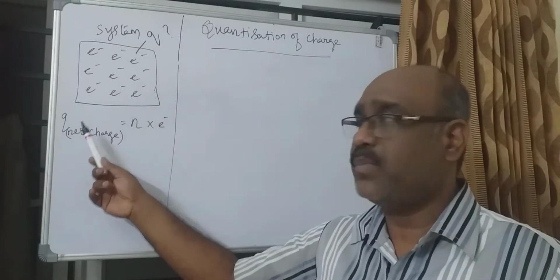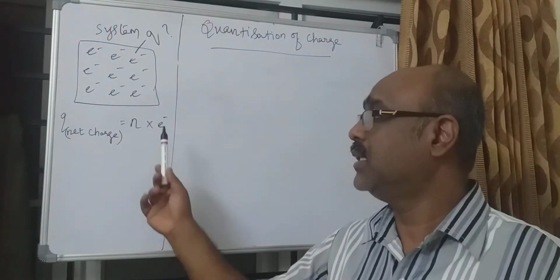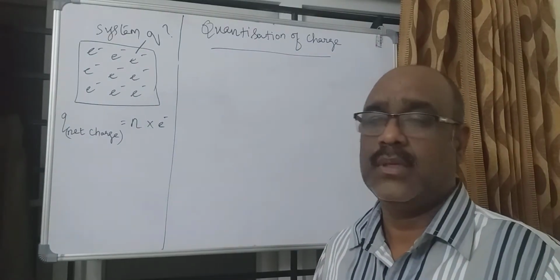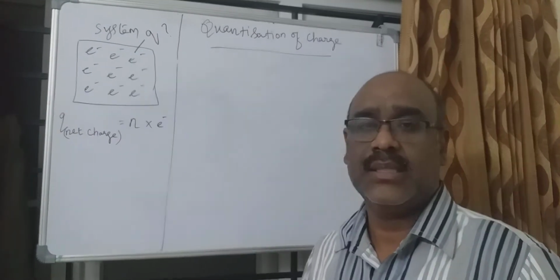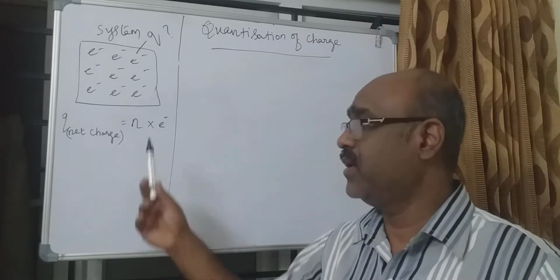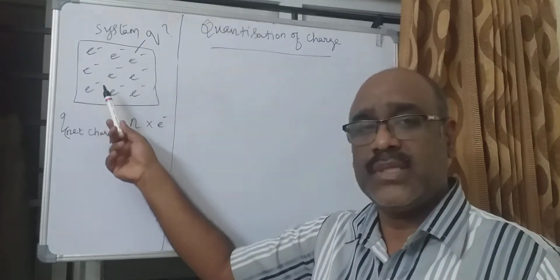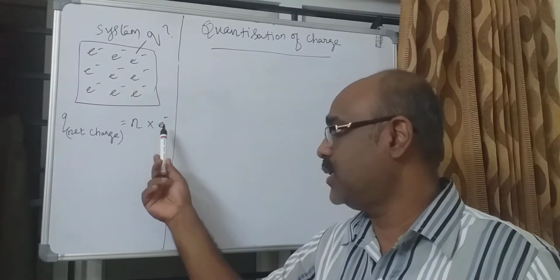Here the least magnitude of the charge present in the system is nothing but the electron.